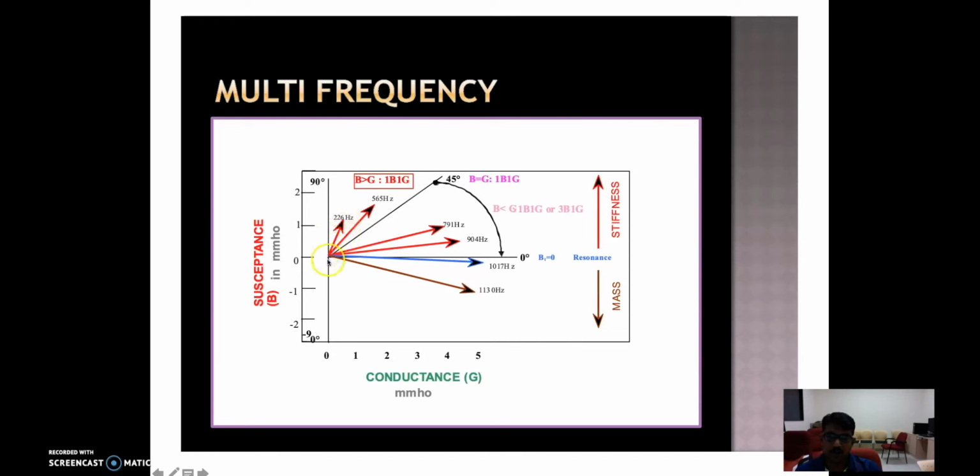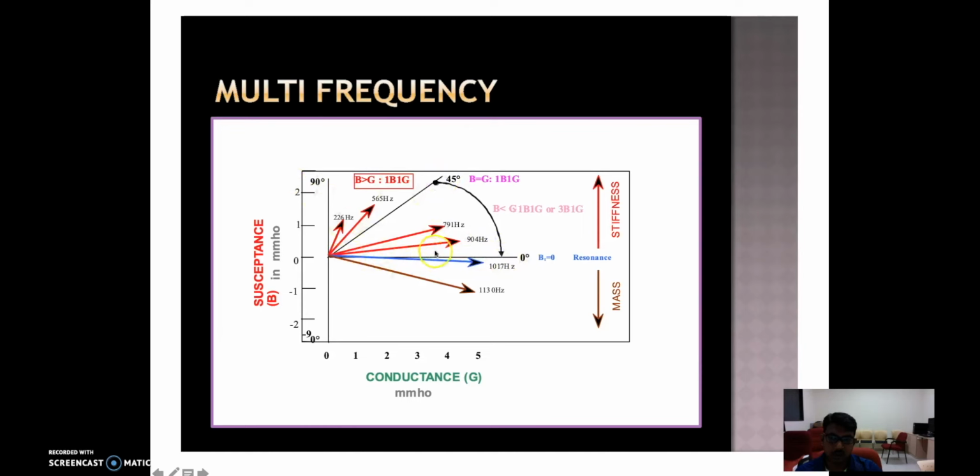Whereas when you start increasing the probe tone, slowly the impedance vector starts flowing more towards the midline. Say for example here, this is equidistant from resistance and stiffness dominated.